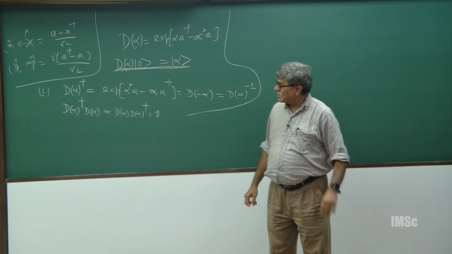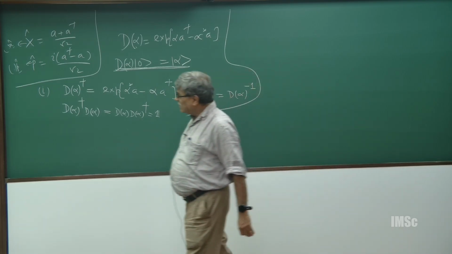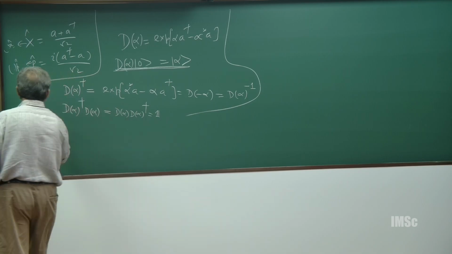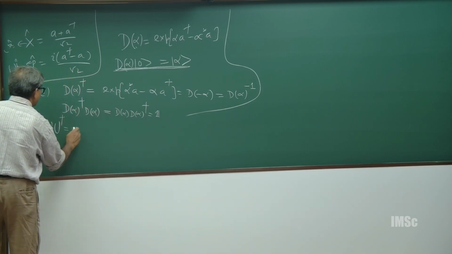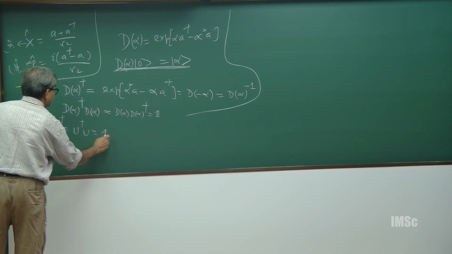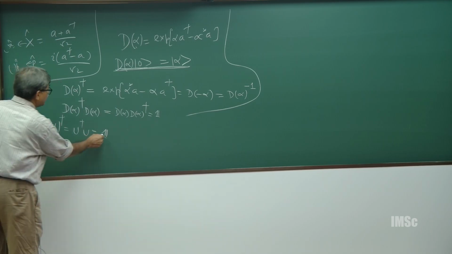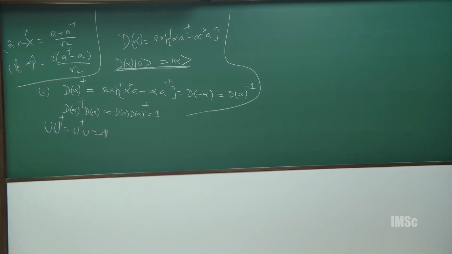Anti-unitary is not dissipative. Unitary means U dagger U is equal to identity, right? Anti-unitary means it is anti-unitary as well as anti-linear: alpha u plus beta v goes to alpha star u plus beta star v.